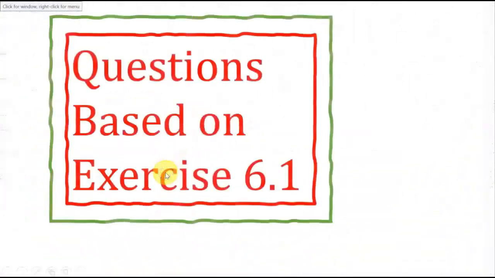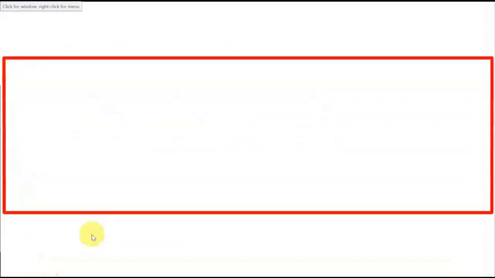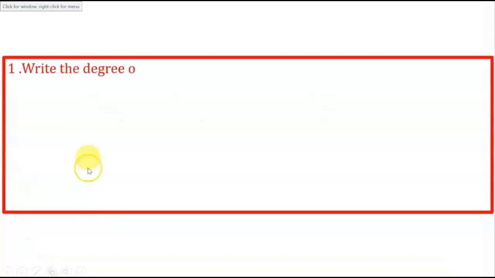And in this way we have completed all the multiple choice questions. Now we will see questions based on exercise 6.1, which were asked in board examinations. Now here, the first example.